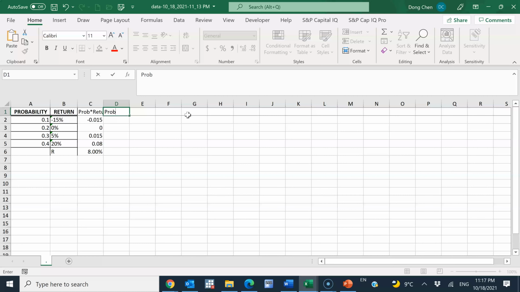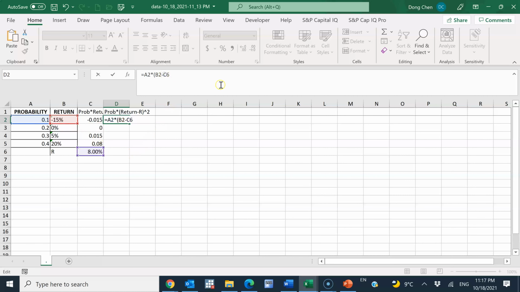So the probability times squared deviation. First, calculate the deviation, right? Deviation is return minus the expected return, and then square it, and then we multiply this by the probability. So just calculate this based on this formula, equals probability times squared deviation, which is return minus this expected return.